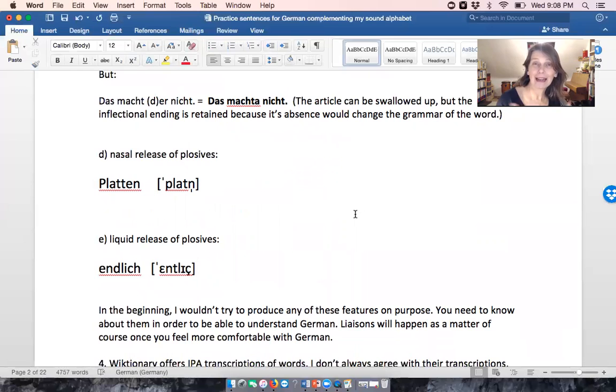Die Platten is vinyl records, but it can also be particular stones that you lay down on a porch. It can also be "einen Platten haben," which means you have a flat tire. So lots of options, but it doesn't matter right now what it means.